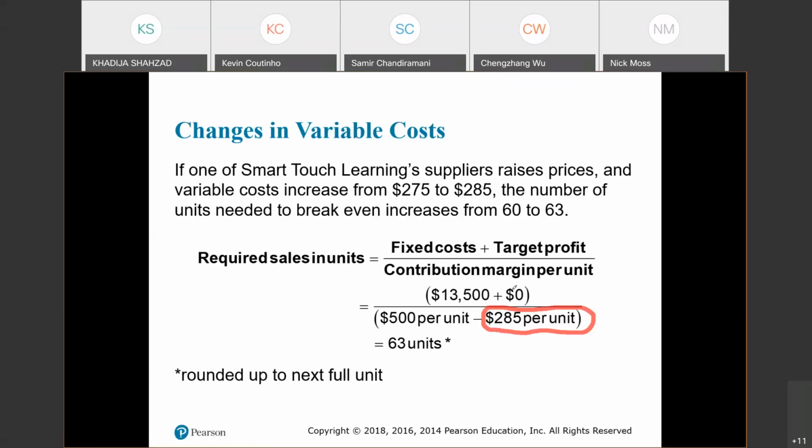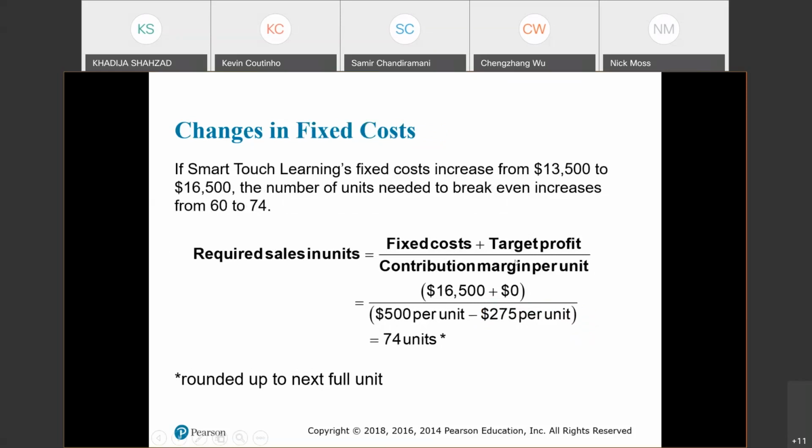And also, we should round up the result to the next full unit. Well, this is how we use the sensitivity analysis to analyze the changes in variable cost.